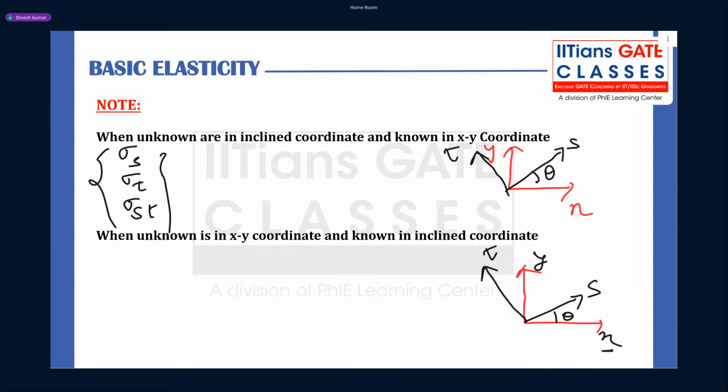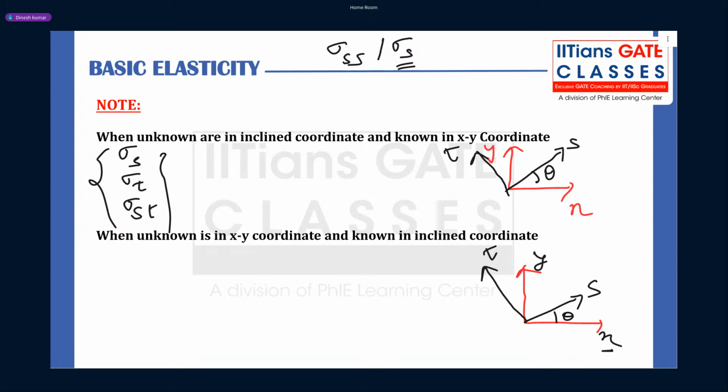And one more thing, guys, your normal stress or tensile stress can be written either as sigma SS, or we can write it with a single suffix also. Both are the same. A single suffix always means normal stress.